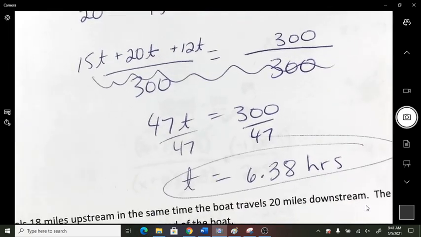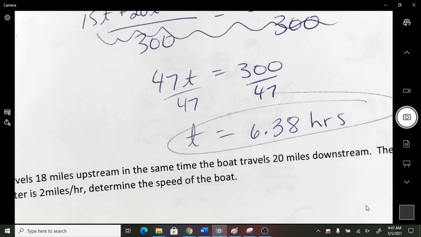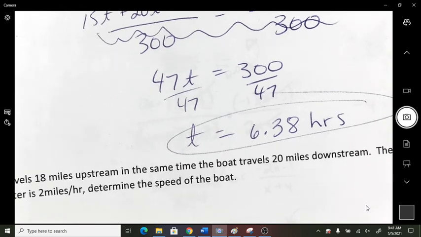So it took 6.38 hours to fill the pool up when they're all going at the same time, assuming your water pressure is the exact same. At my house, it would not be.